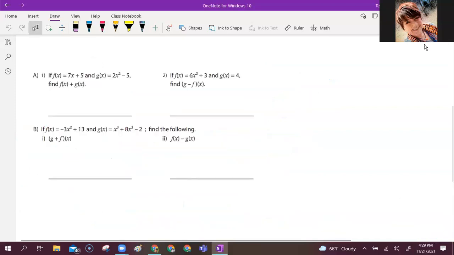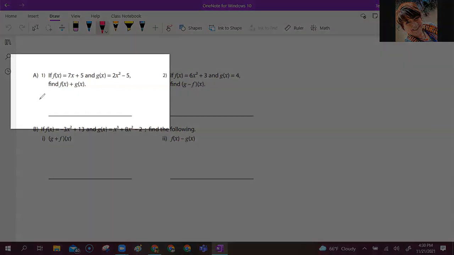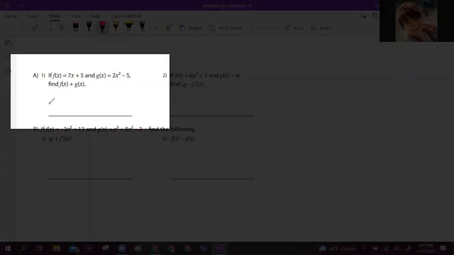Okay, so here we have functions that are not given out like a word problem. They're given out differently. The first one, they want us to add f plus g. So if I look at my f function, look at my g function, and add like terms, I will get 2x squared plus 7x.